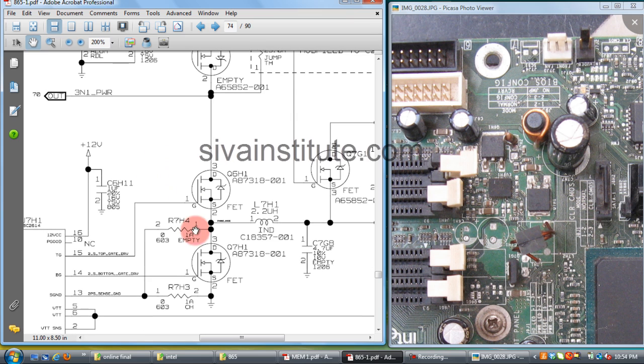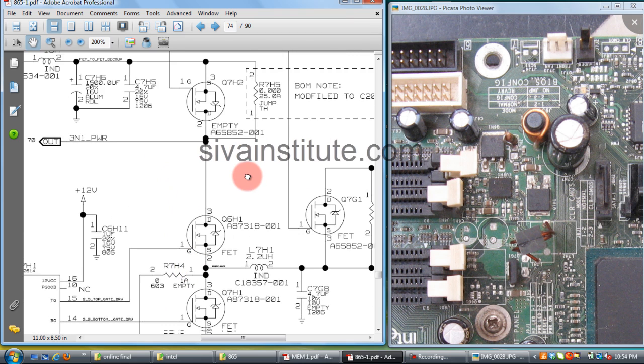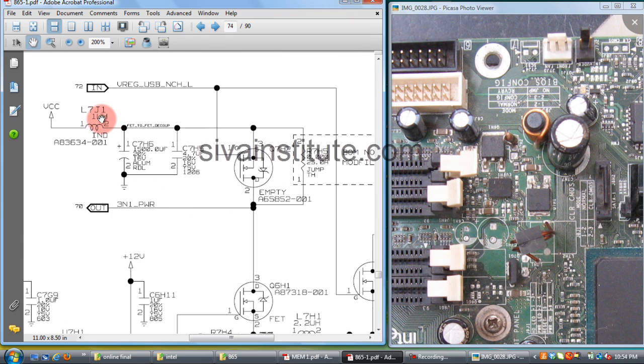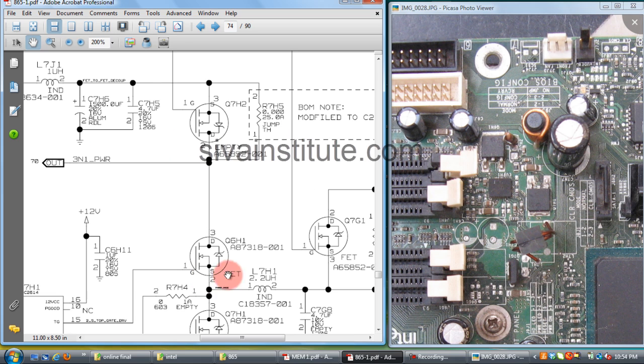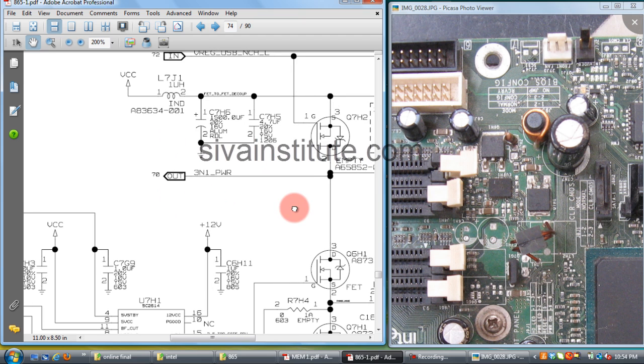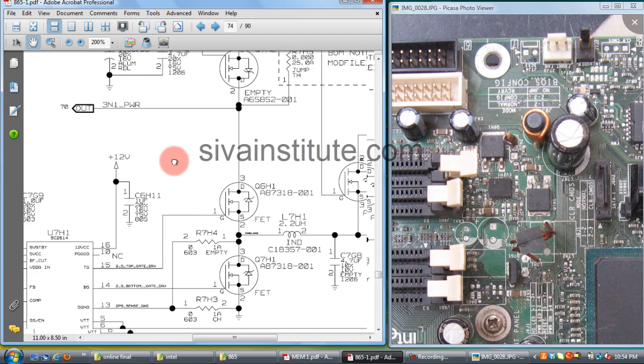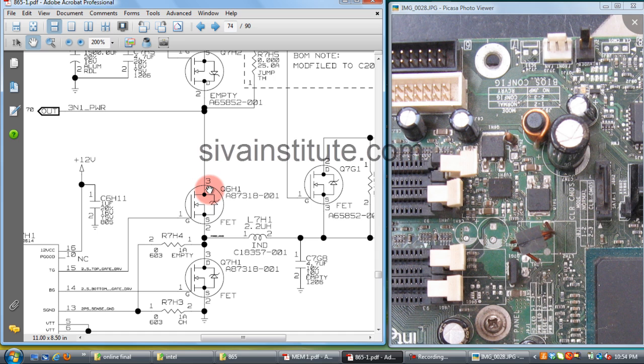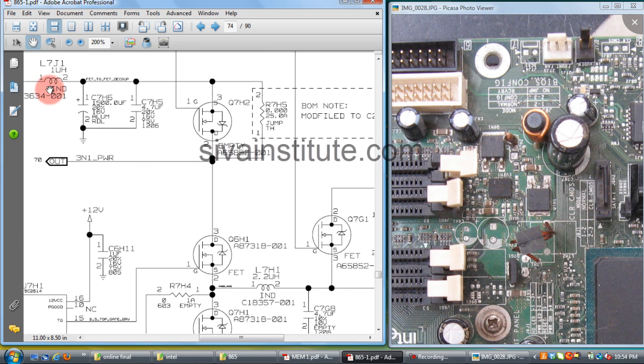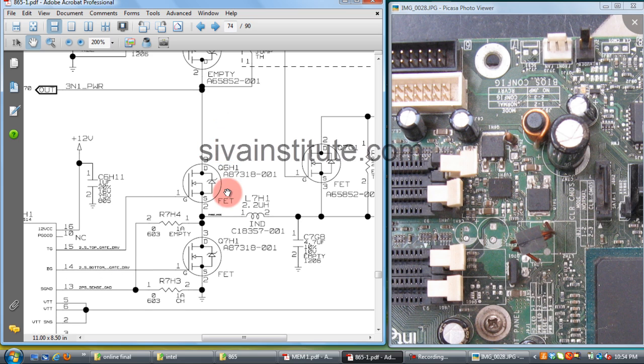When you give voltage to this gate, this voltage comes from this L7J1 coil to Q6H1. This 5 volt supply comes to this FET, pin number 3. 5 volts supply comes through this resistor to this Q6H1.